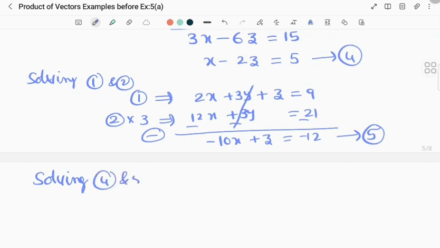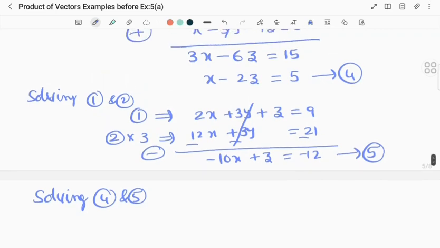Solving 4 and 5. Solving equations is your wish, dear students. In textbook they won't give like this. According to your convenience, you can do that. So what I am doing is equation 4 multiplying by 10, so 10x minus 20z is equal to, 10 5s are 50.